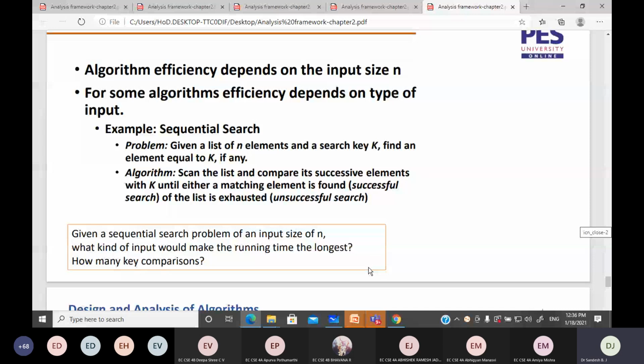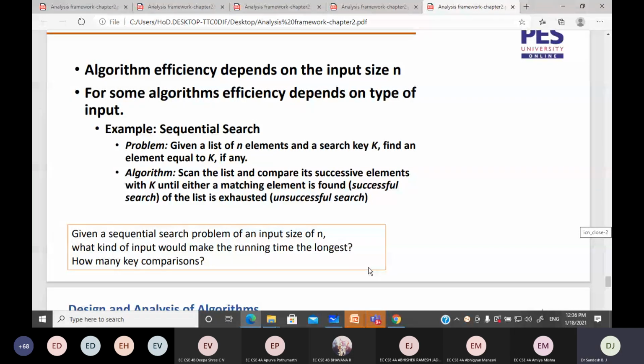So the example is sequential search, and all of you know that given a list of n elements and a search key, you should find whether an element is equal to k or not. You should search linearly. You should take each element of an array and compare the key element with the elements of the array. If you find the element, you print it as success.